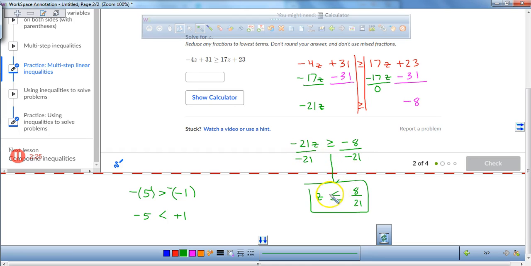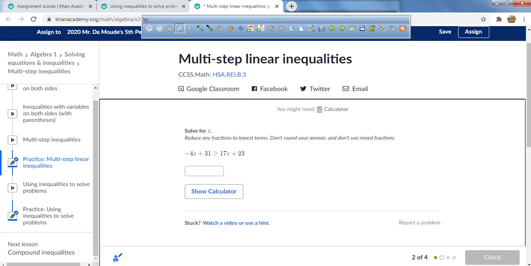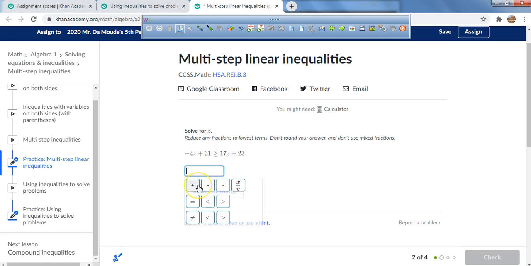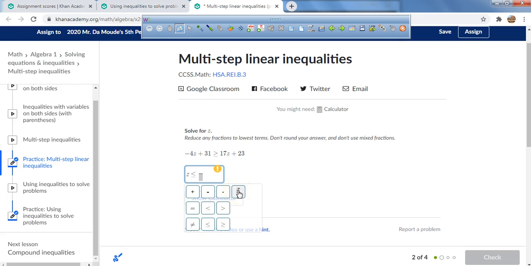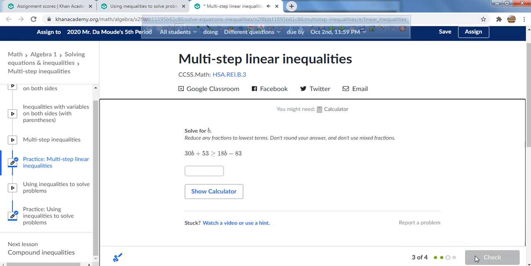So I'm going to type in z is less than or equal to, make the fraction, 8 over 21. There you go.